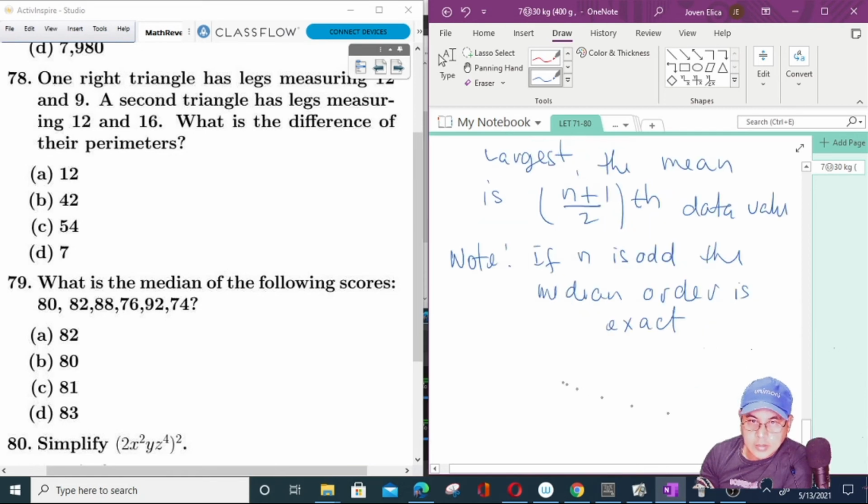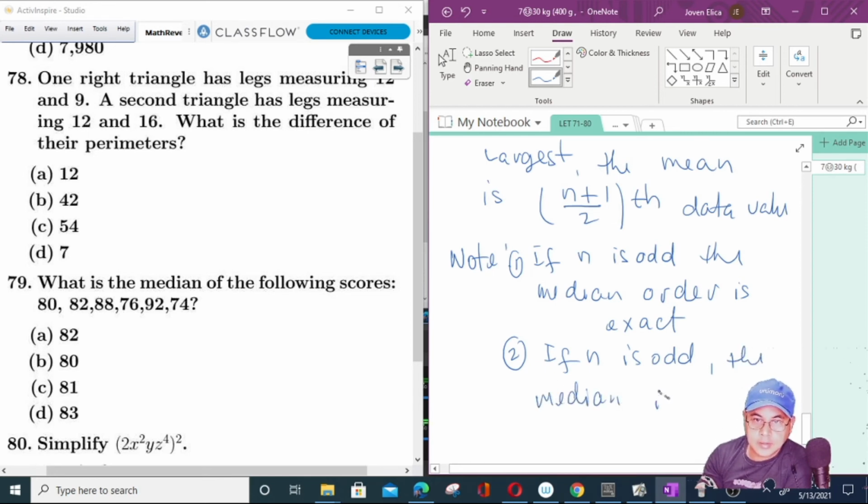Okay, so that's note number 1. Note number 2, if n is an even number, the median is the mean of the two middle values.